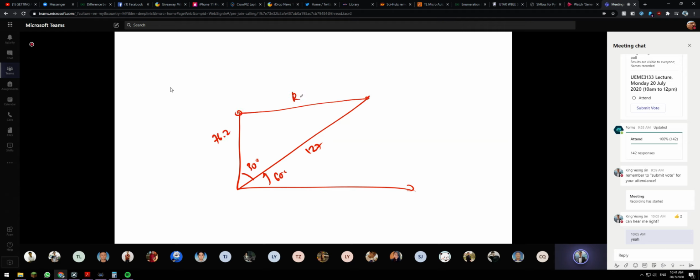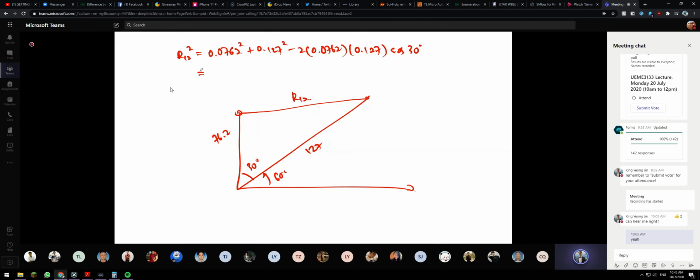That's why now I want to find my R12. Okay, so again, we use the cosine rule. 0.0762 squared plus 0.127 squared minus 2 times 0.0762 times 0.127 times cos 30 degrees.